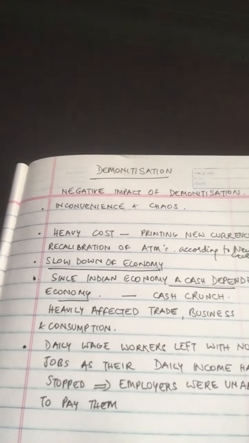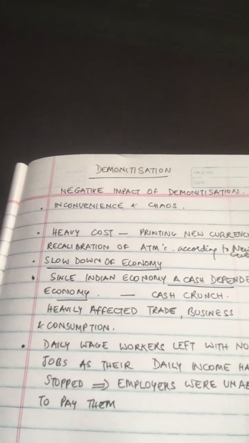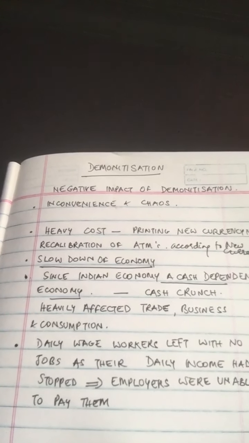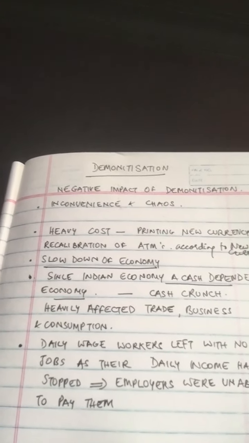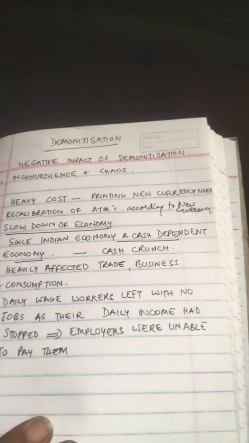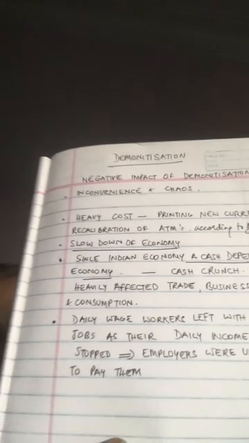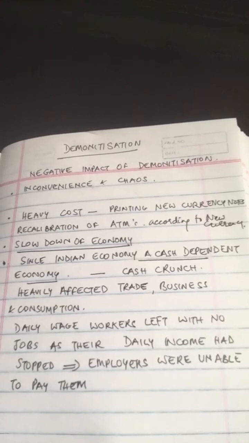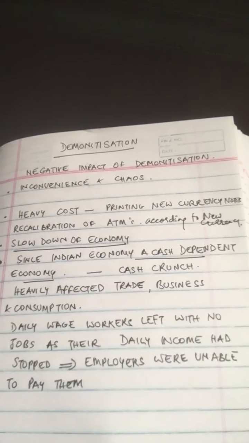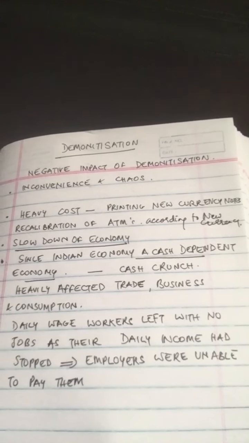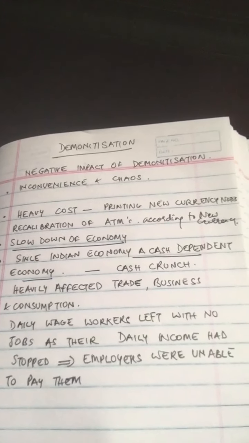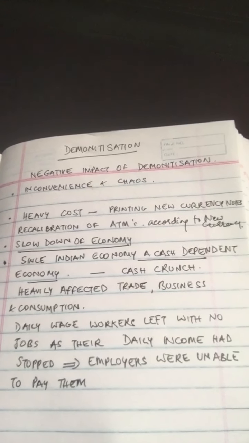Because of the note ban, the cash purchase of inputs and cash payment of wages came to a grinding halt. It became impossible. They couldn't do it. And so this led to an absolute instant cut in production activity, and there was a large scale layoff as a result.